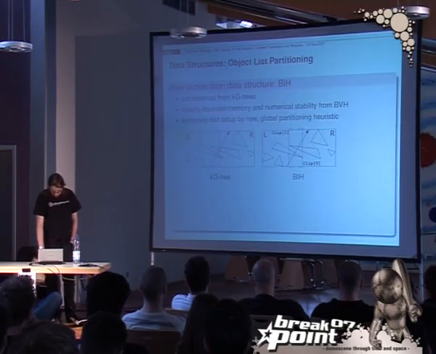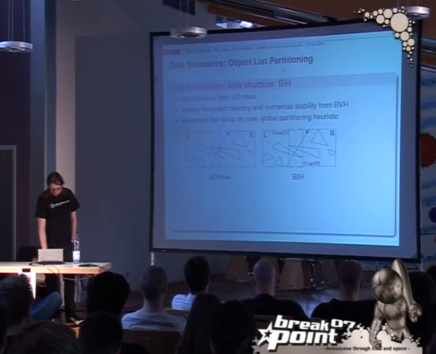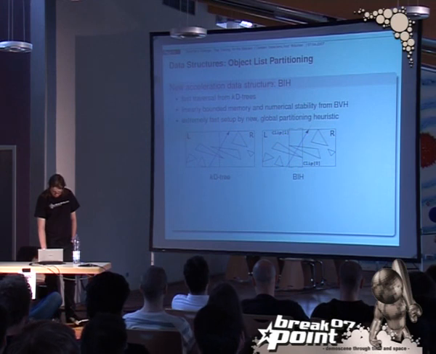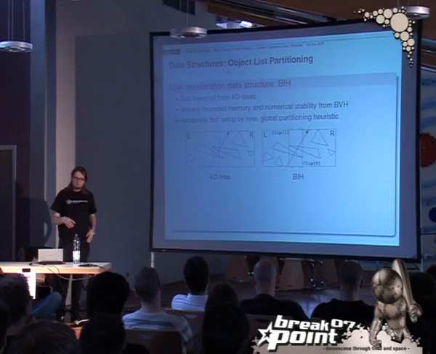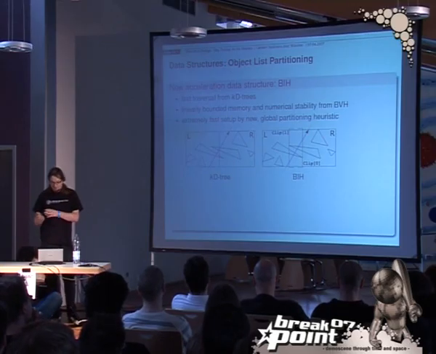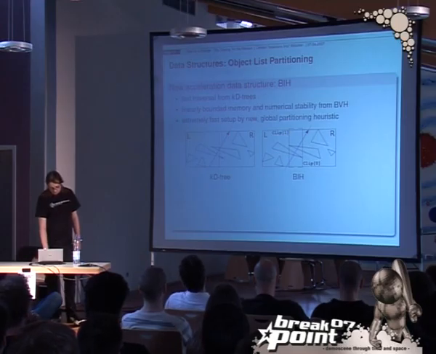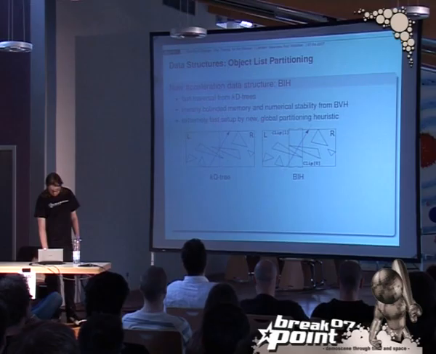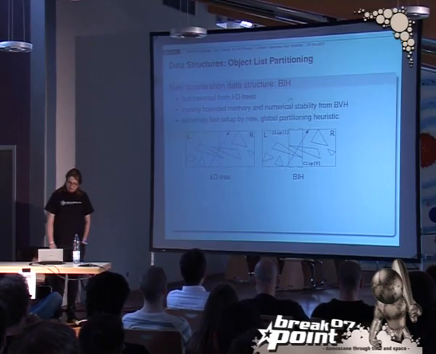So now for the new stuff. Some of you might maybe know this already. It's the bounding interval hierarchy, and we came up with this. It's somehow a hybrid between bounding volume hierarchies and KD trees. Actually, it's a bounding volume hierarchy, but it has the fast traversal from KD trees and the linear bounded memory and numerical stability from the bounding volume hierarchies.